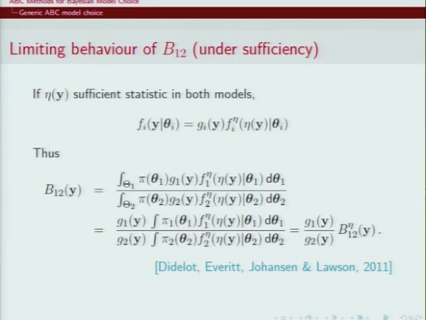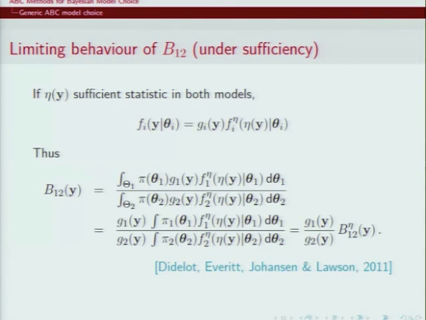So the likelihood breaks into those two terms, and therefore when I compute the Bayes factor, those terms get out of the integral and appear as a ratio in front of the ABC Bayes factor, or more precisely, the Bayes factor depending on eta only. And therefore, in the most ideal of cases, the Bayes factor that we are aiming at, the thing we would like to compute to decide which model is the most appropriate for the data, is not the Bayes factor we are practically computing, but a ratio times this Bayes factor.